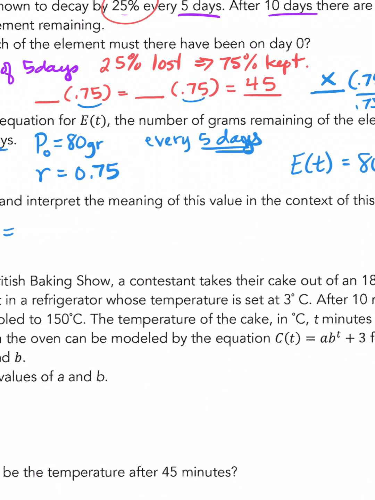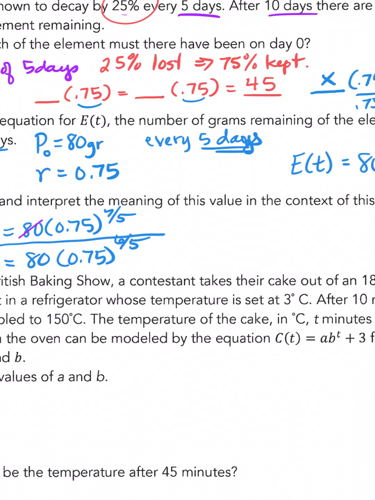So let's find E of 7. E of 7 would be 80 times 0.75 to the 7 divided by 5. E of 6 is 80 times 0.75 to the 6 divided by 5. And if we're just to do it this way, we'll just do it as division. We know that goes away, that goes away. So what are we left with? Well, this gives me 0.75 to the 1/5 raised to the 7th power over 0.75 to the 1/5 raised to the 6th power.